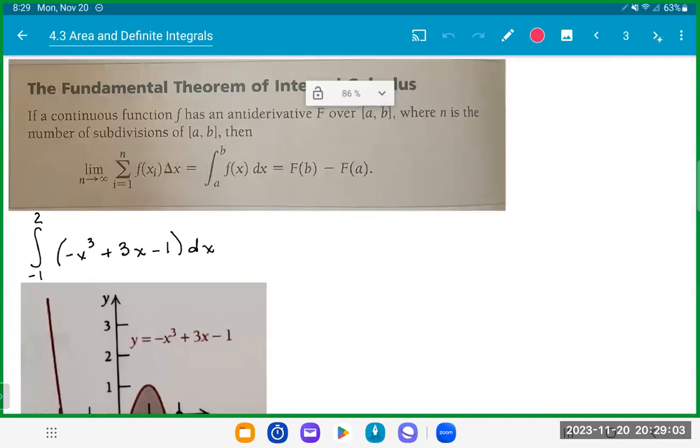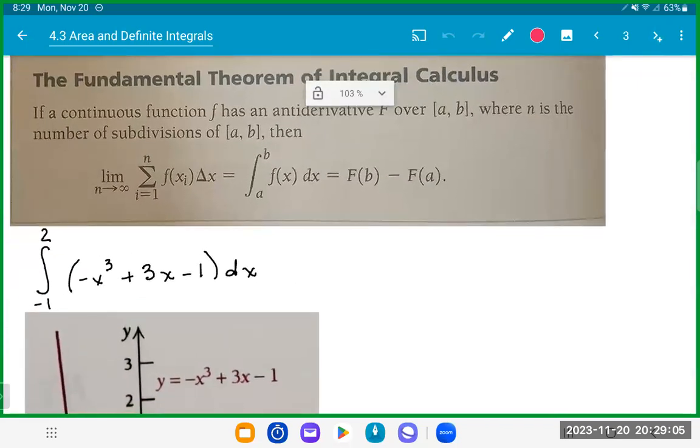All right, so I mentioned a while ago when I was talking about the fundamental theorem of calculus. Well, here's the fundamental theorem of integral calculus.